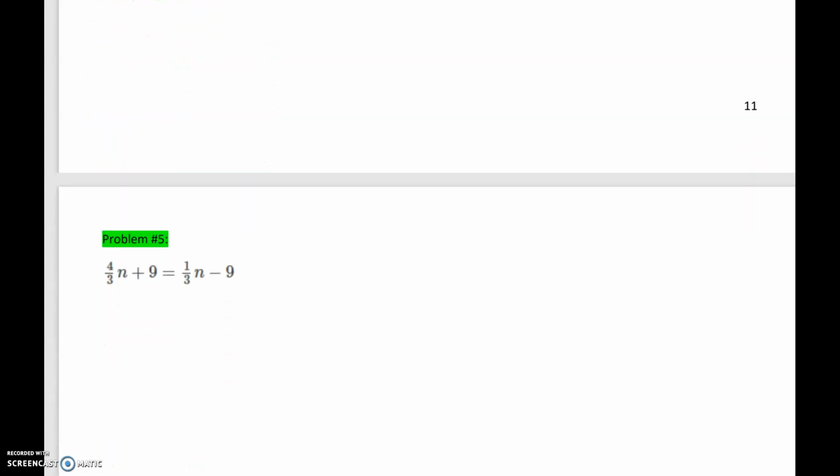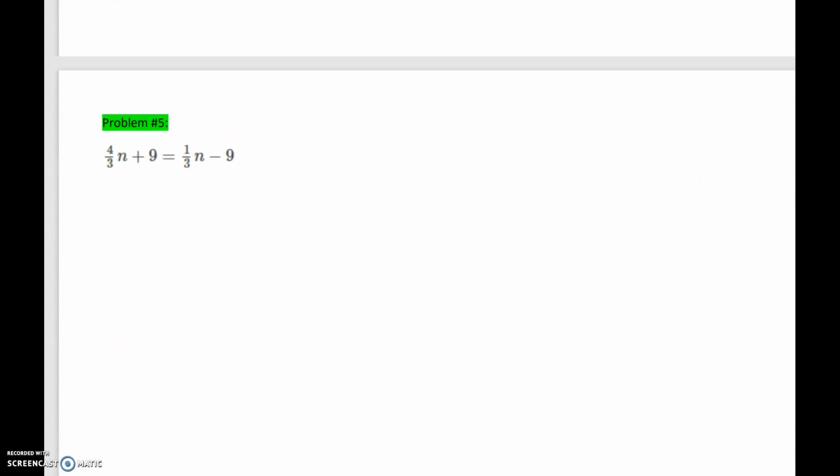Let's move on into problem 5. Problem 5 is a little bit more complex. So let me approach it with the standard method that we would use for any equation that has fractions. I'm just going to rewrite the 9/1. You could group those, but it may just be easier to find the LCD of all the fractions.